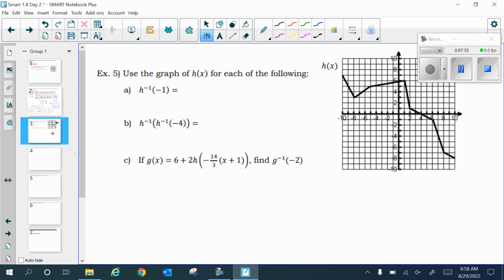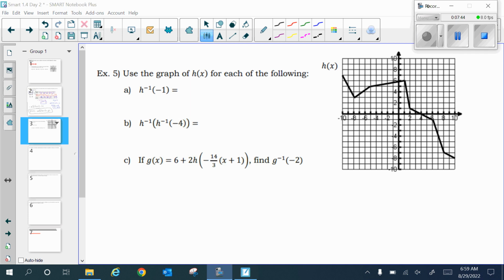All right, so now for example 5, I'm told to use the graph of h of x for each of the following. So I have h inverse of -1 should equal some number. I need to solve that out. Remember, h inverse and h of x are inverses of each other. So if I have h inverse of -1, that's telling me that -1 is the y value for my h of x points.